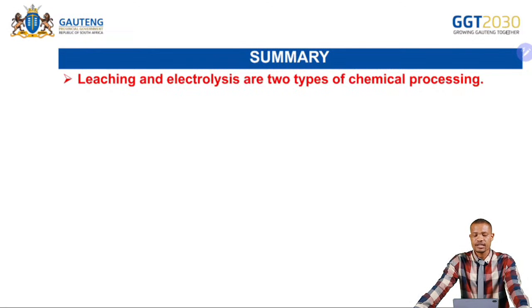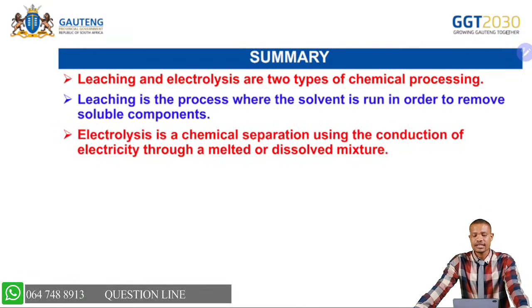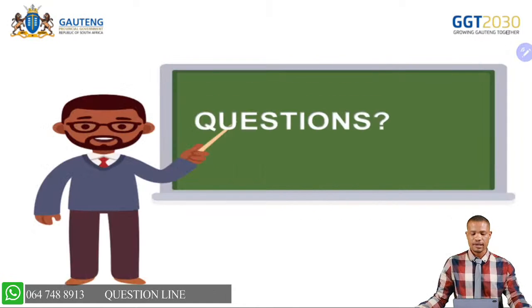Leaching and electrolysis are two types of chemical processing. Leaching is the process where a solvent is run in order to remove the soluble components. Electrolysis is a chemical separation using the conduction of electricity through a melted or dissolved mixture. Chemical processing always involves a chemical reaction.